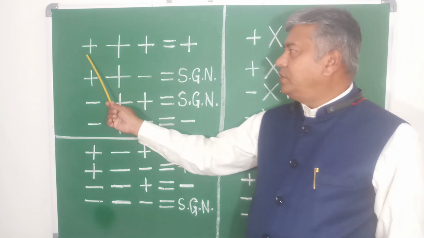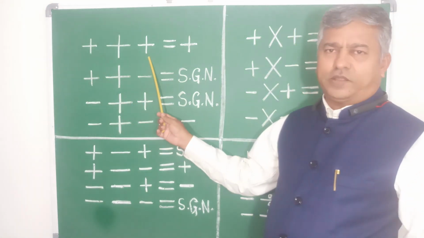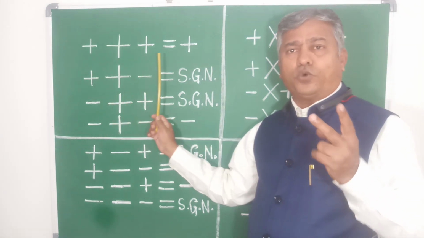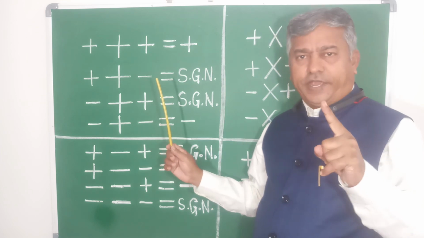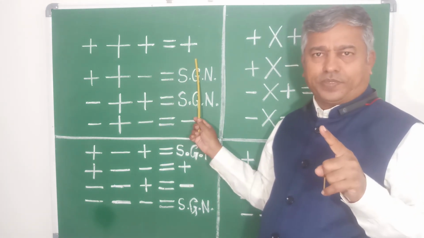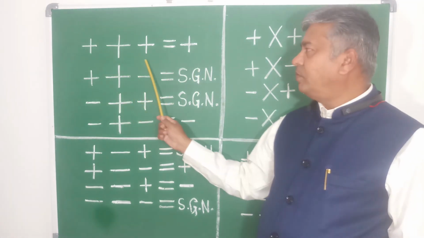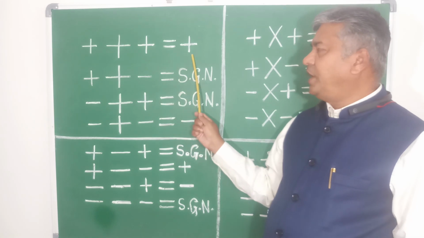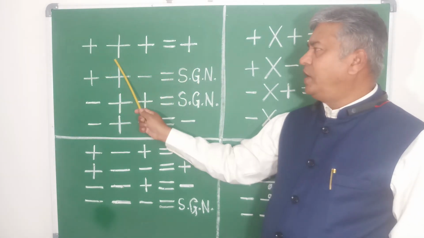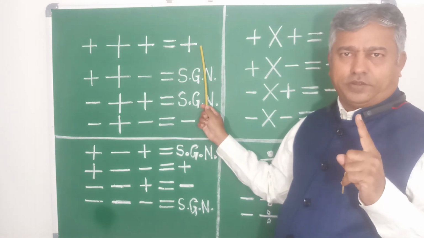See that this is plus, that is a positive number, and this is another positive number. When we add those two positive numbers, we get the answer as a positive number. So that is plus addition plus, then we get the positive number. Positive plus positive, we get the positive number.